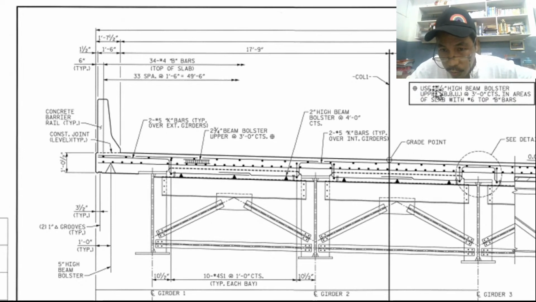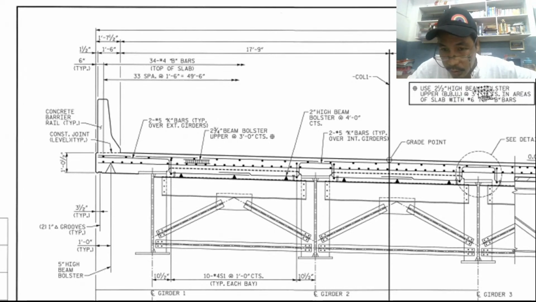Use 2 1/2 inches high beam bolster. So we have that legend, the same legend. So 2.5 high beam bolster, no? But here we have 2 3/4. This is not 2 1/2.